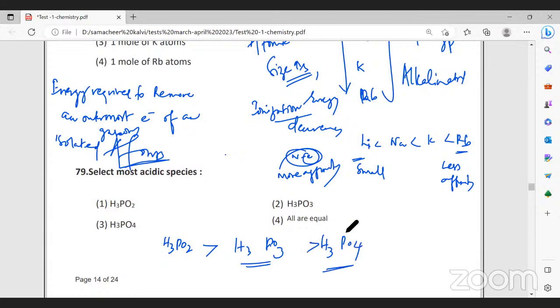Phosphorus acid is a weak acid. So the strength of the acid here, H3PO2, is stronger compared to H3PO3, and that is stronger compared to H3PO4. So the most acidic species here is H3PO2.